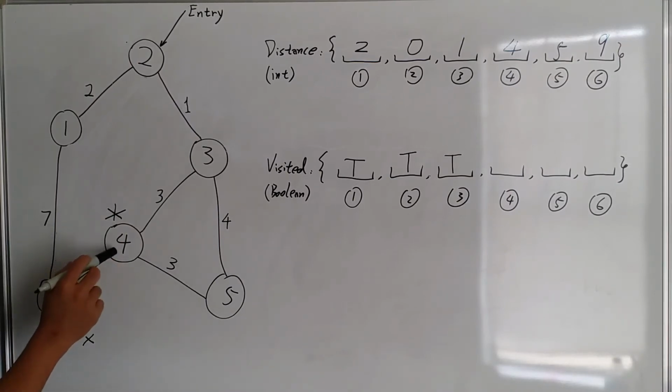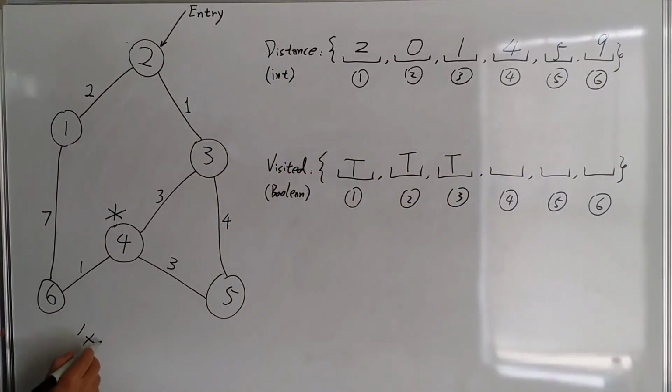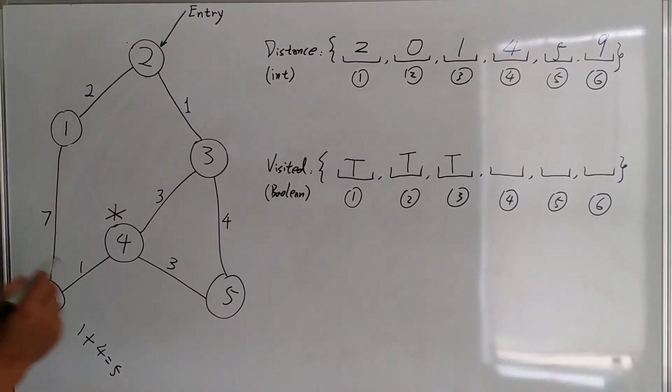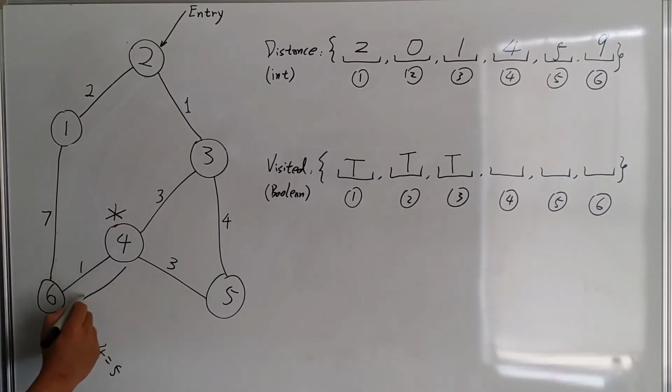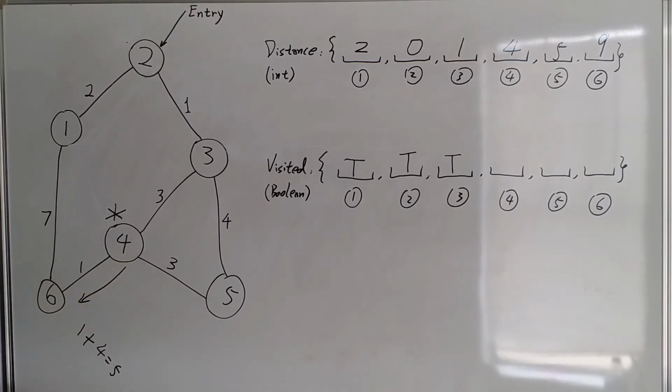So what's the distance at node 4? Here is 4. So 1 plus 4 equals 5. So it means that if we travel in this direction from node 4 to node 6, the distance at node 6 is actually 5.